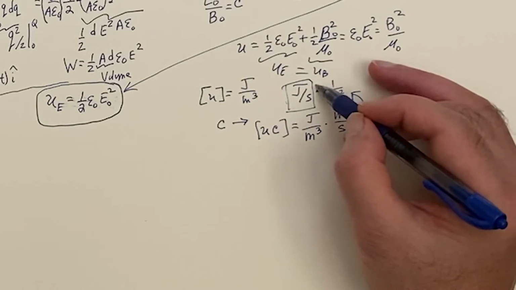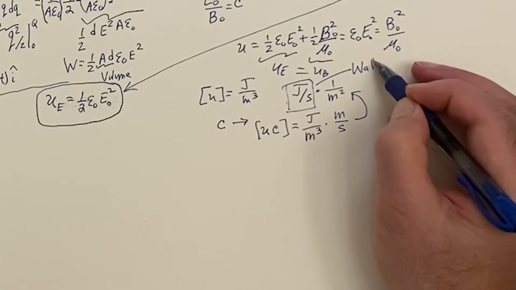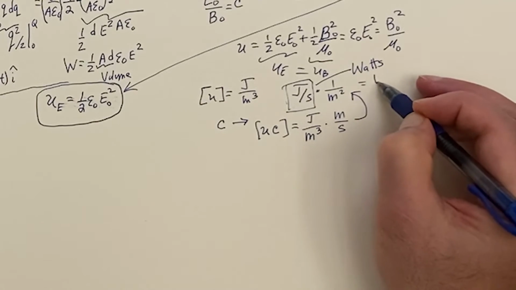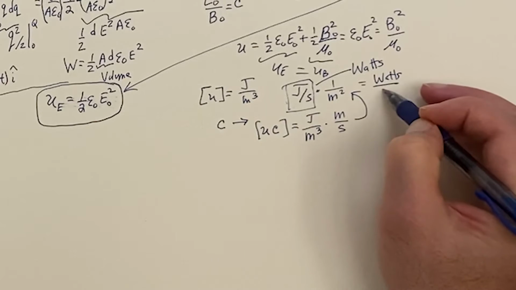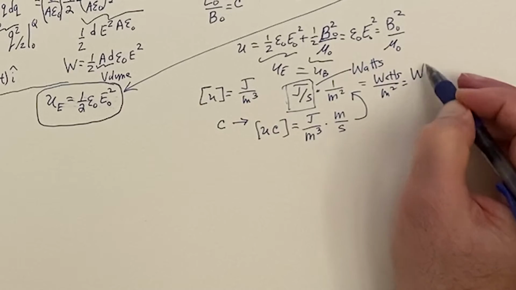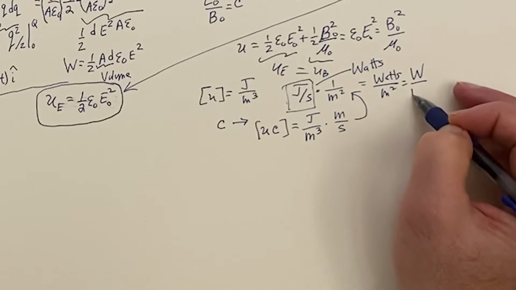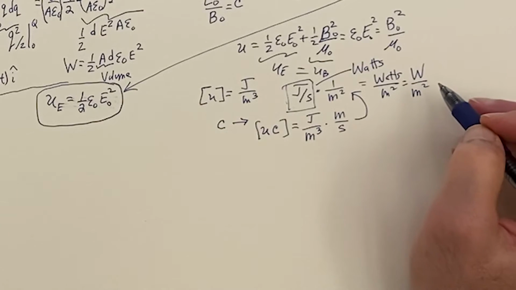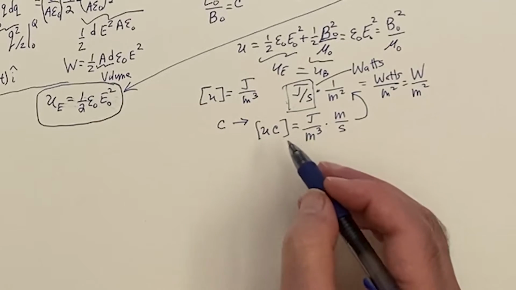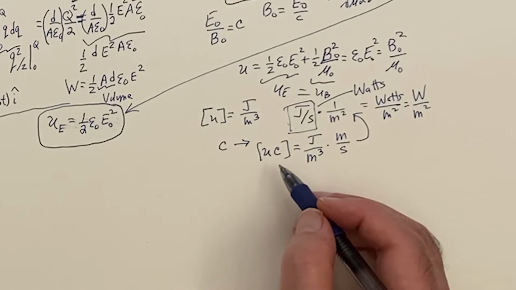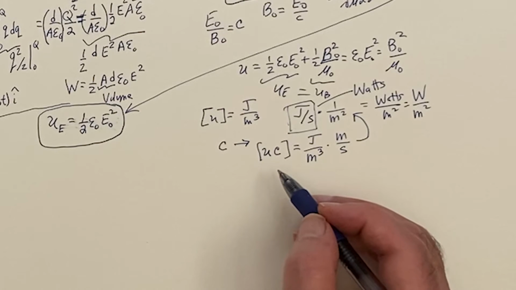This would be considered then in metric systems as watts, and this is watts per square meter. W means unit, watts, not to be confused with work. All right, so that means it would make sense.